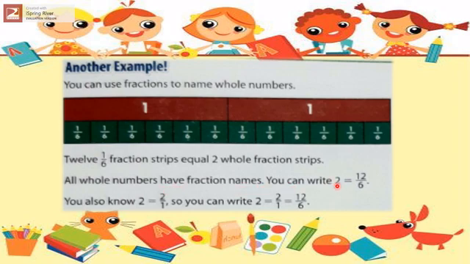So you can write 2 is equal to 12 over 6. You also know 2 is equal to 2 over 1. So you can write 2 is equal to 2 over 1 is equal to 12 over 6. They are equivalent fractions.